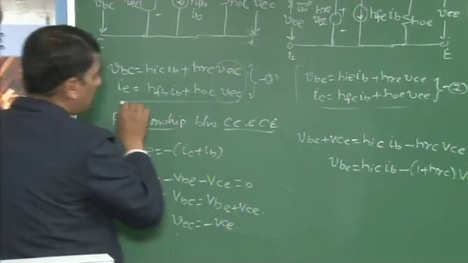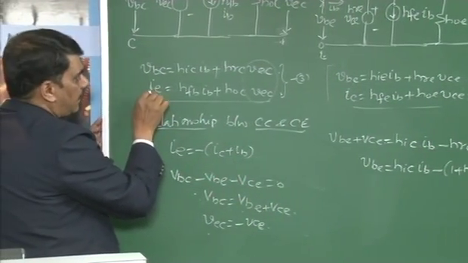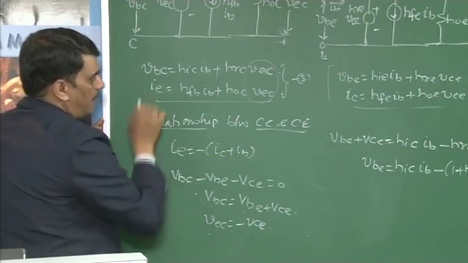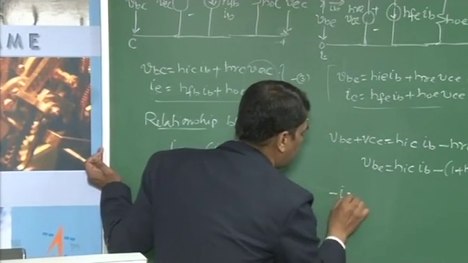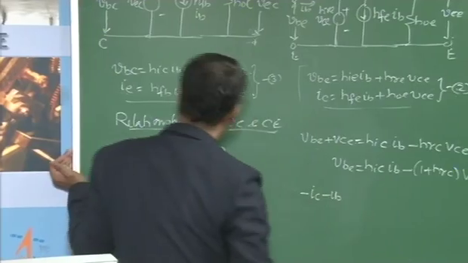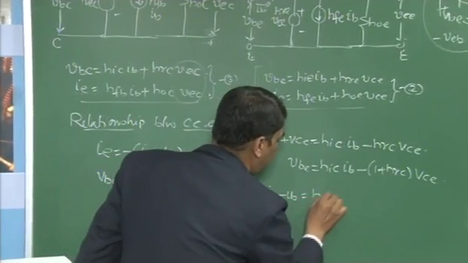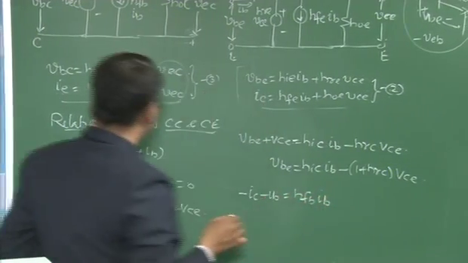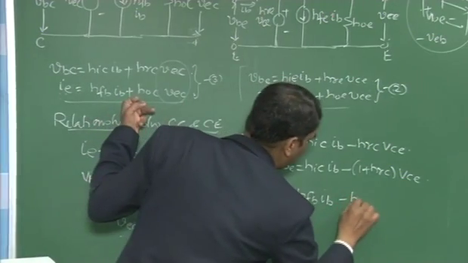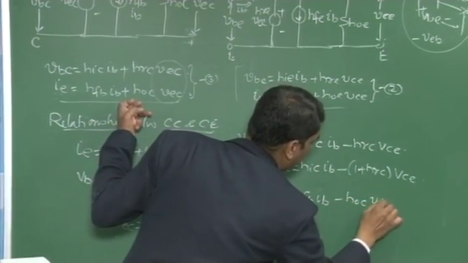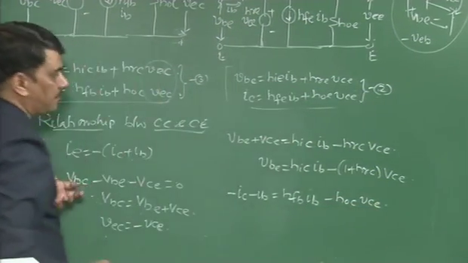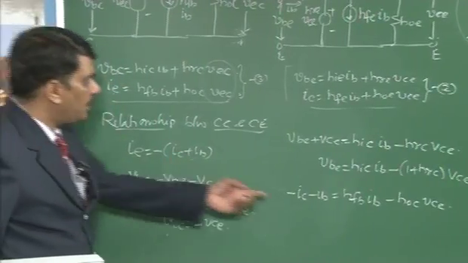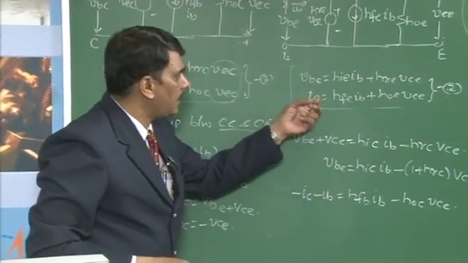Second, you have to modify the equation IE is equal to minus of IC plus IB. Therefore, you get minus IC minus IB equal to HFB IB minus HOC VCE. You have to shift and then solve for collector current IC.